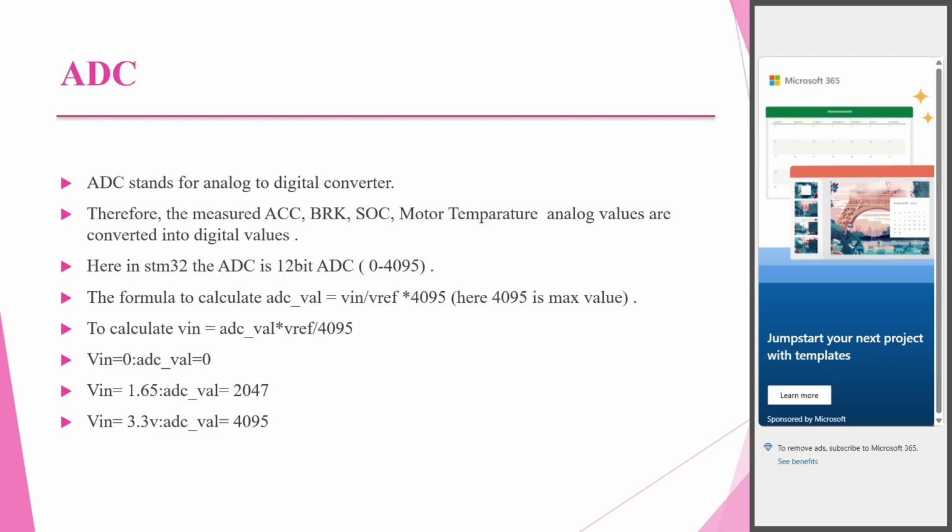When Vin is 0, the ADC value is 0. When Vin is 1.65, the ADC value is 2047. When Vin is 3.3 volts, the ADC value is 4095.